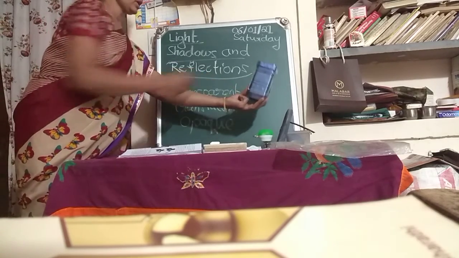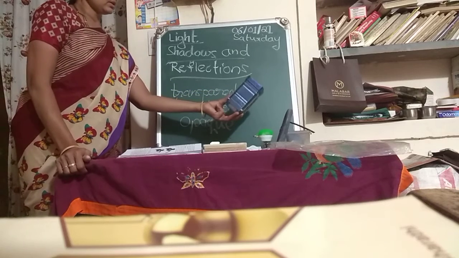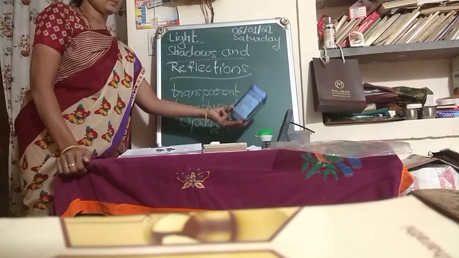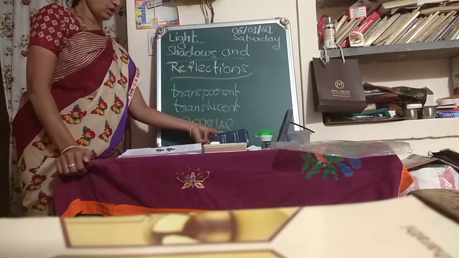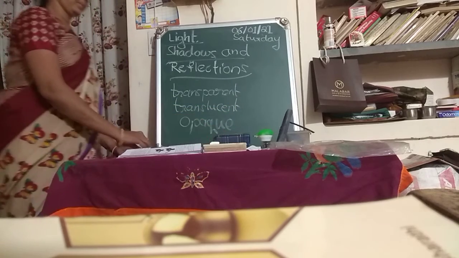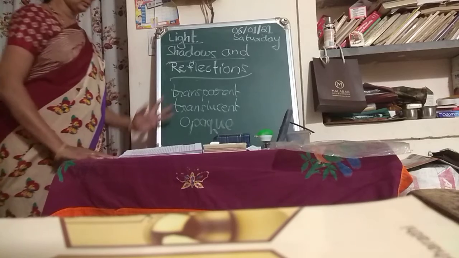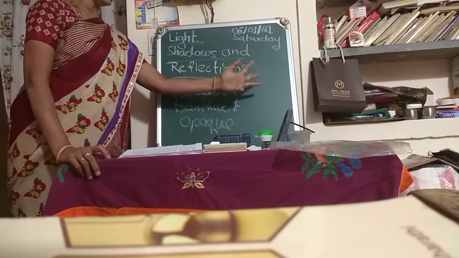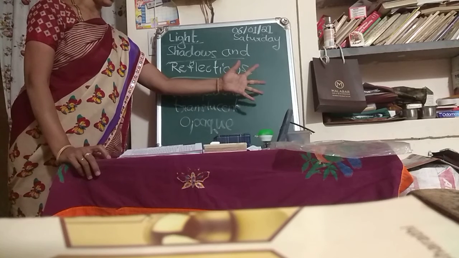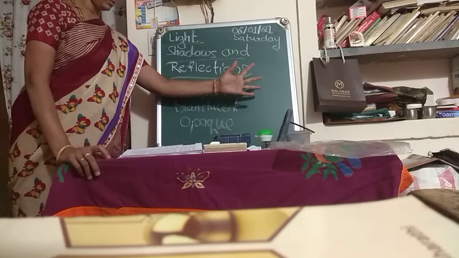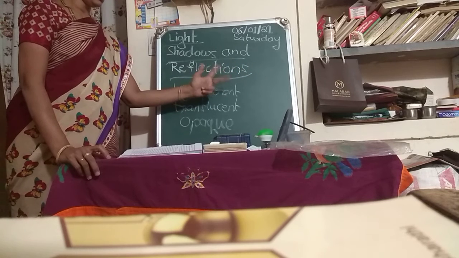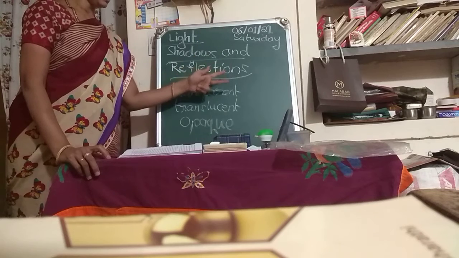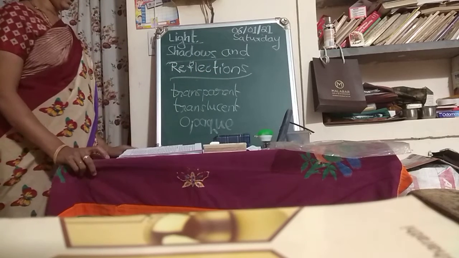This is called a shadow, where the light rays cannot travel through the object. Like this, a shadow is formed. You can also do the activity to make shadows of many objects, which look like dogs or cats or a gun.